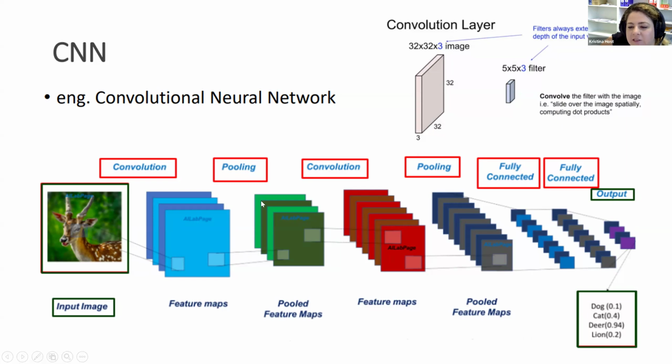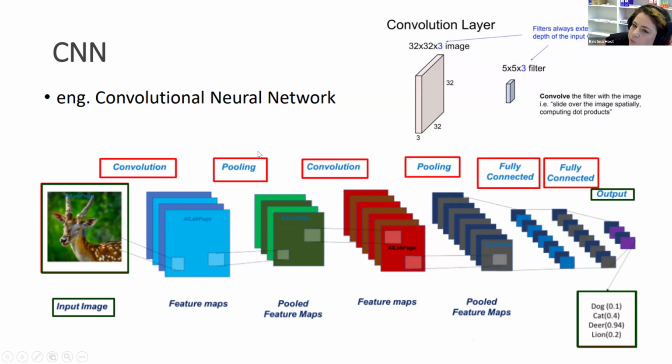The idea is to find some features on your image that are important and then to train your model to recognize what is in the image. We are doing this with convolution, and then with pooling, we are just reducing the dimensionality of these obtained feature maps.